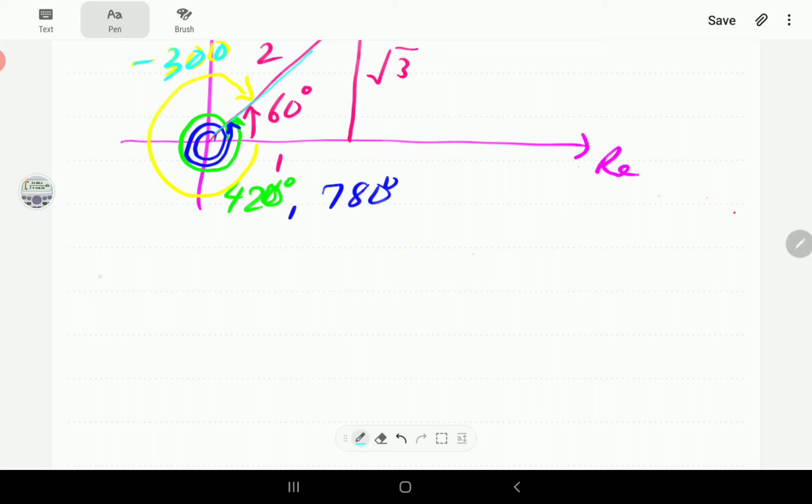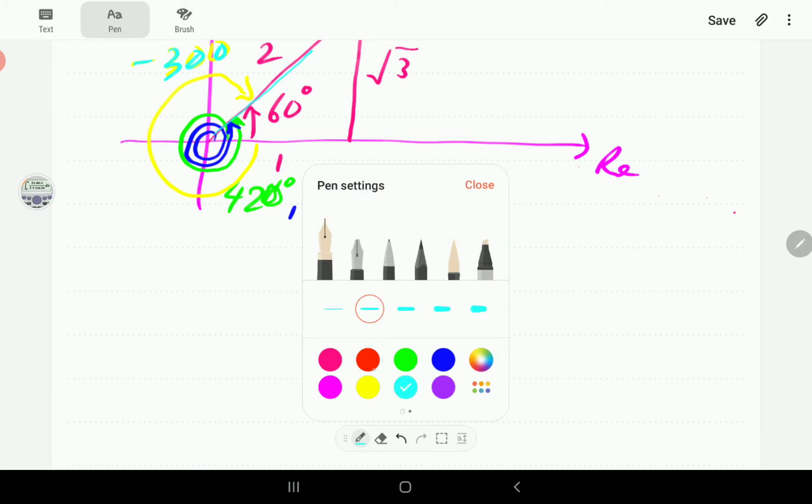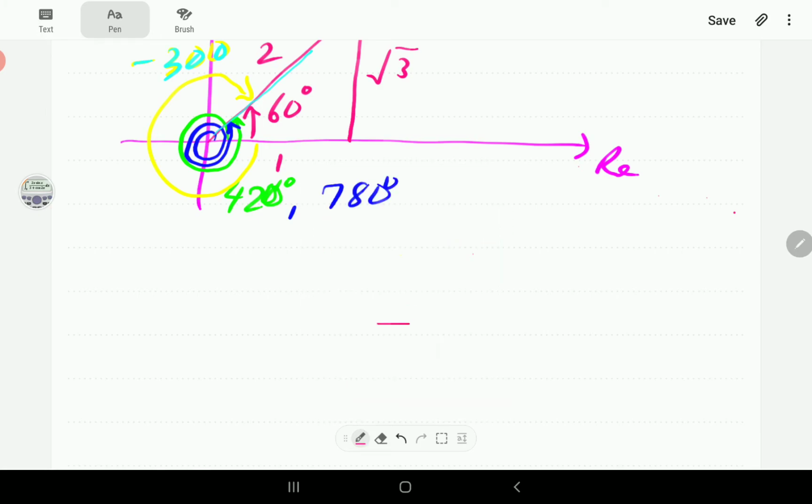Okay, so you have got 60, then you have got 60 plus 360, then you have got 780, and then you can add another rotation. Then this side you have got negative 300.